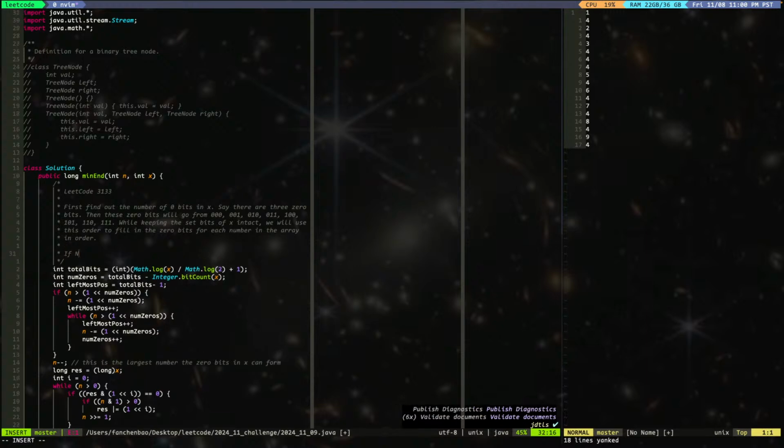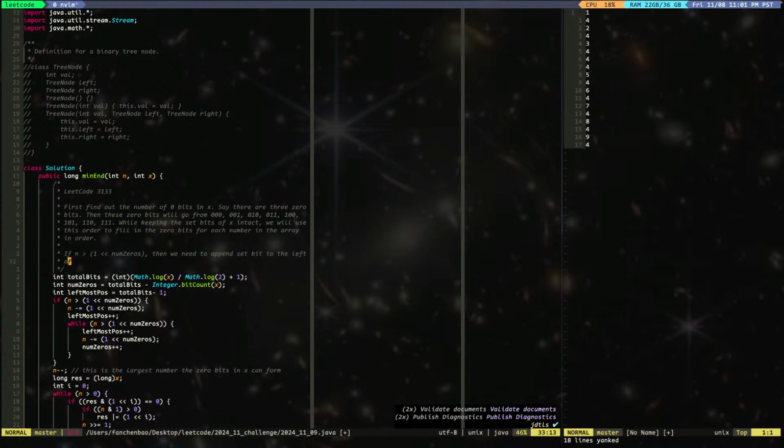Now if n is larger than 1 left shift num zeros, then we need to append a set bit to the left of X, right?